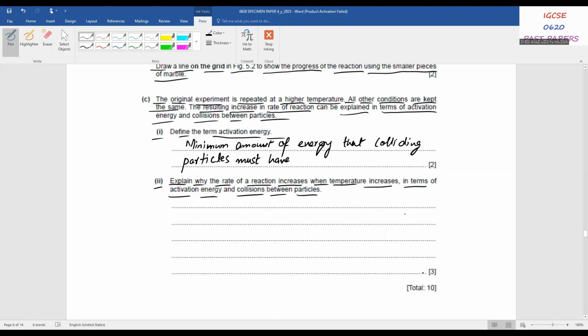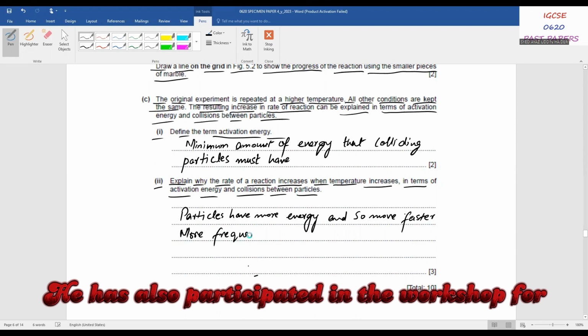So first of all, you will write particles have more energy, so move faster. So next one, more frequent collisions. It's very important.